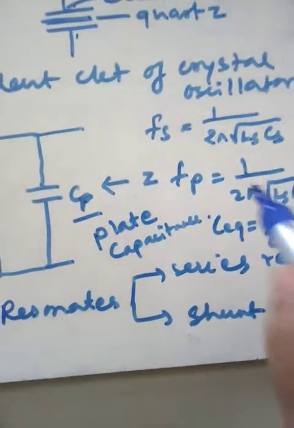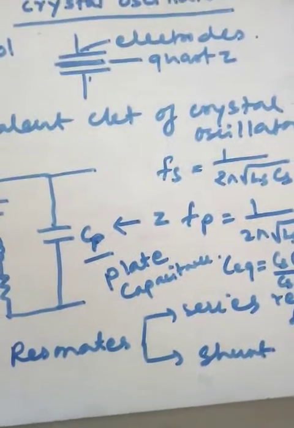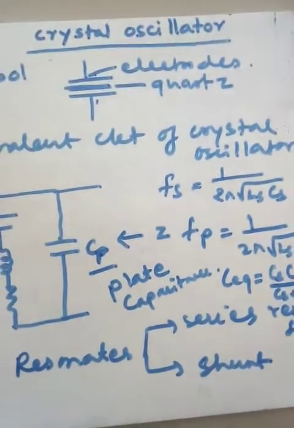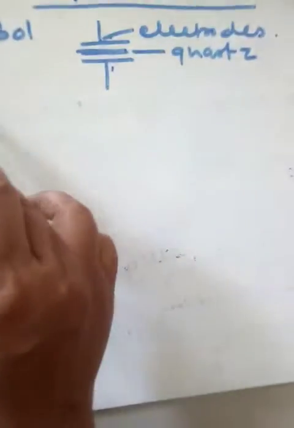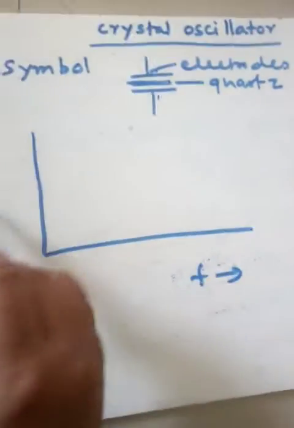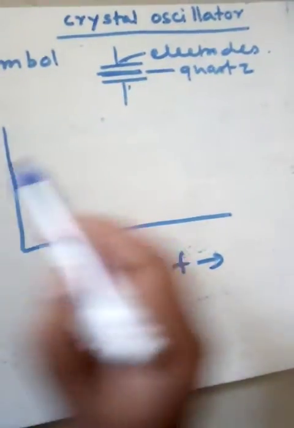Now if we plot a graph between the frequency and the impedance, we will see this type of graph. This is the frequency and this is the mod of the impedance.